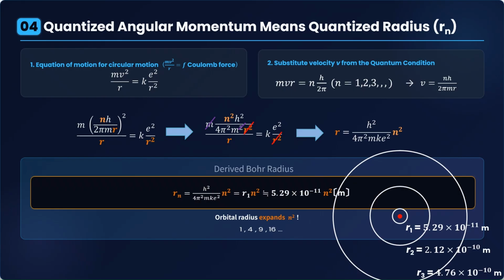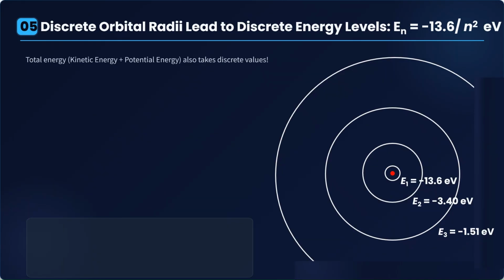Let's find out. The total energy of the electron is the sum of its kinetic energy and its electric potential energy. The electric potential energy of the electron and proton is given by this equation. The negative sign tells us that the electron is bound to the proton, and the kinetic energy is 1/2 mv squared. Now we already know something useful from the equation of motion.